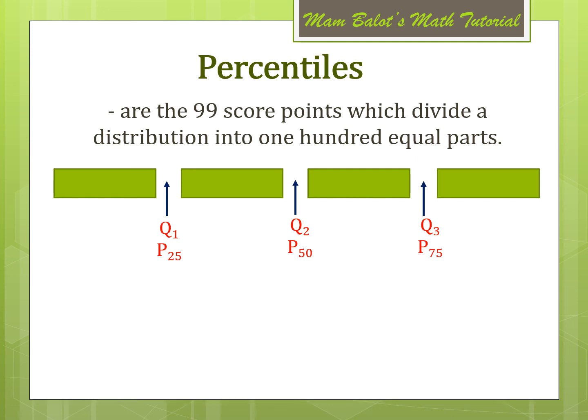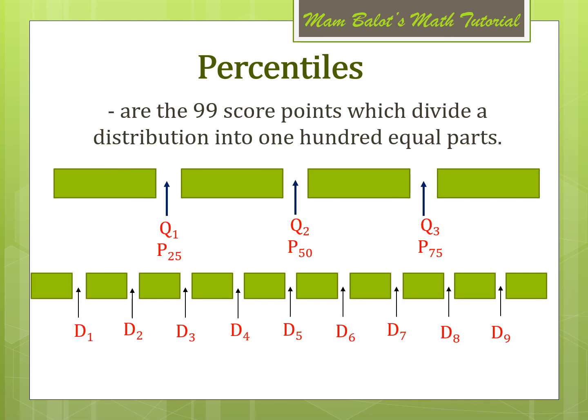And if we compare it to the different values of our deciles, D sub 1 is equal to the 10th percentile. D sub 2 is the 20th percentile. D sub 3 is the 30th percentile. And so on and so forth until D sub 9 is equal to the 90th percentile.